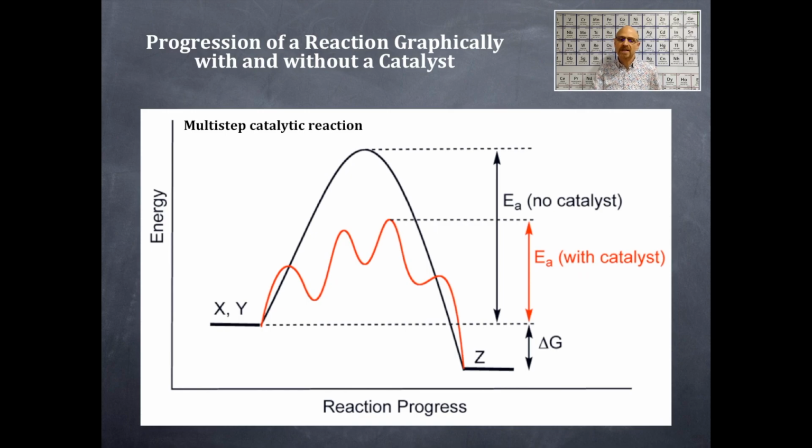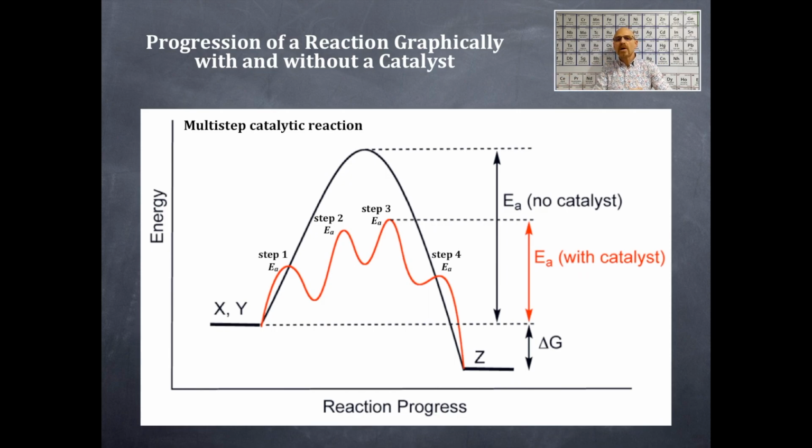Each one of those little peaks has its own activation energy barrier. So we have activation energy barriers 1, 2, 3, and 4. So this is a 4-step catalytic event.